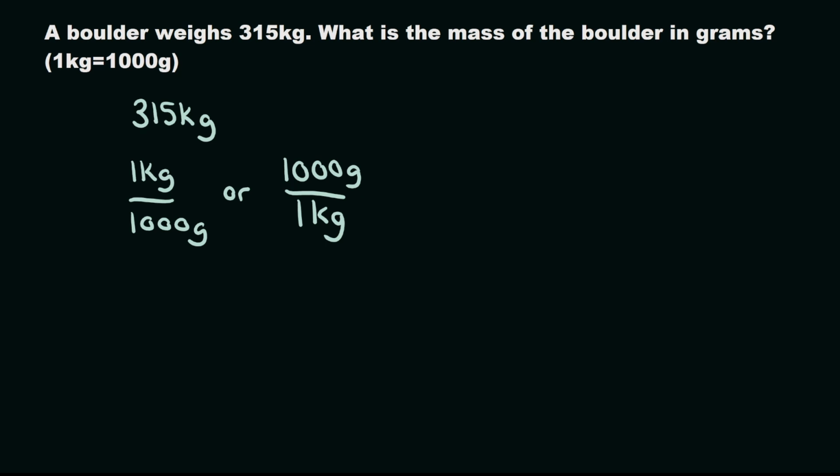So if we set up our fence table here, we want our final answer to be in grams. The information that has grams in it is actually our conversion factor, where there's 1,000 grams for every 1 kilogram.